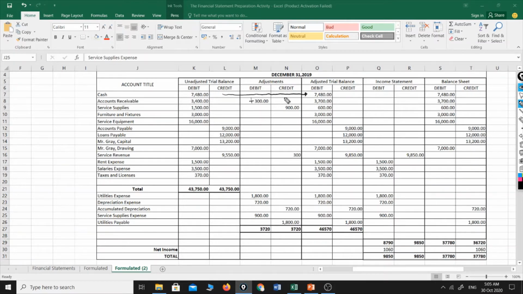While if it is credited, guys, it means a decrease in our accounts receivable. So again, it is debited. So 3,400 plus 300, that is 3,700. But if there is also a credited amount, then 3,400 plus 300 minus the credited amount.